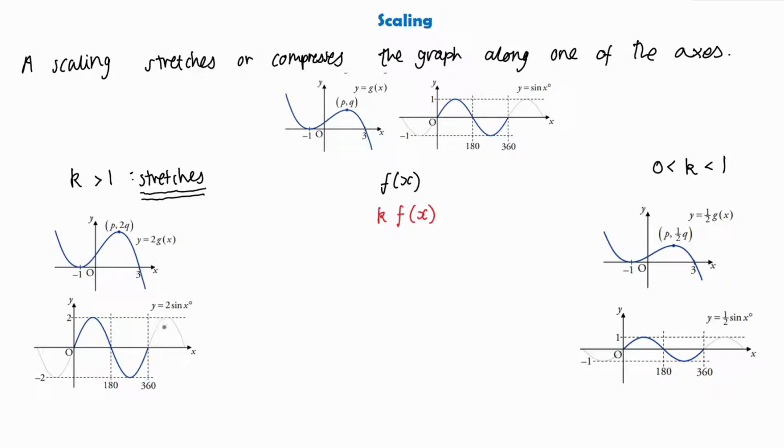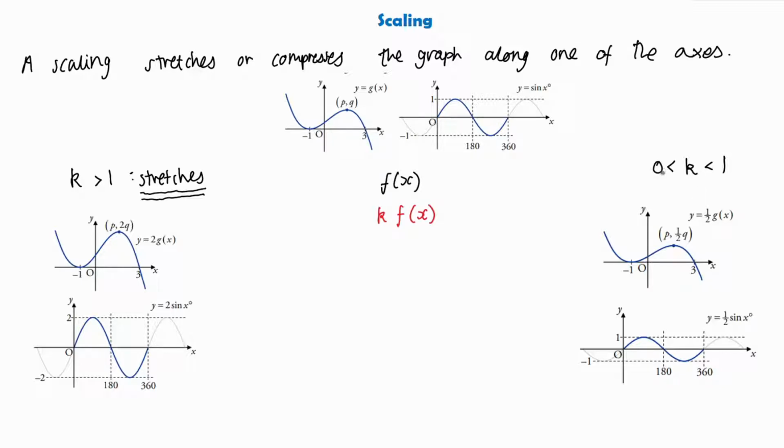And here we have y equals 2 sine x. In this case, it's going to stretch the graph, so its y value now becomes 2y. So instead of this point here being 90, 1, it's going to be 90, 2. The roots will stay the same, so it will be 0 at 0 and 180, as we can see. However, it's just being stretched by a value of k.